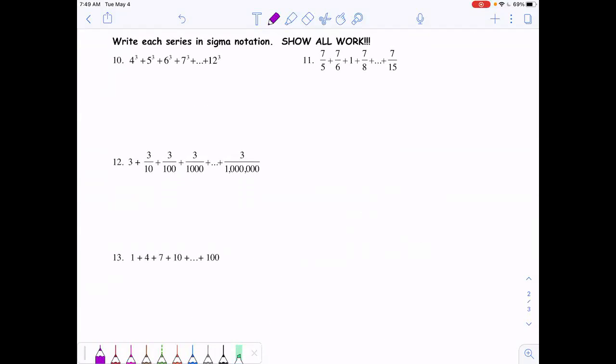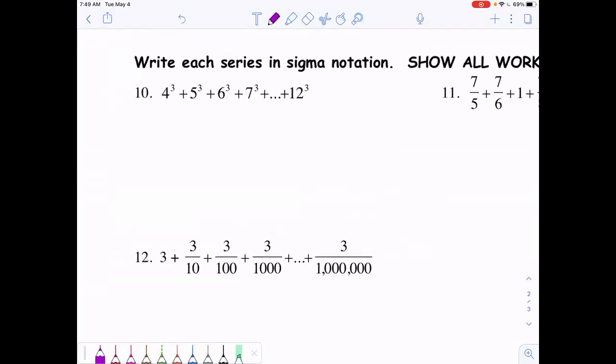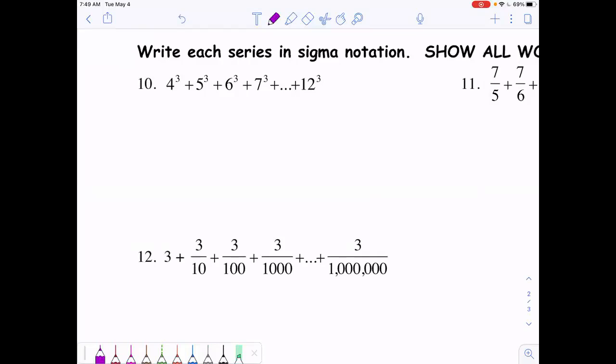So if you look at 10, we have 4 cubed, 5 cubed, 6 cubed, 7 cubed, all the way up to 12 cubed. If I'm cubing each number, 4 cubed is really 64, 5 cubed is 125, 6 cubed is 216.